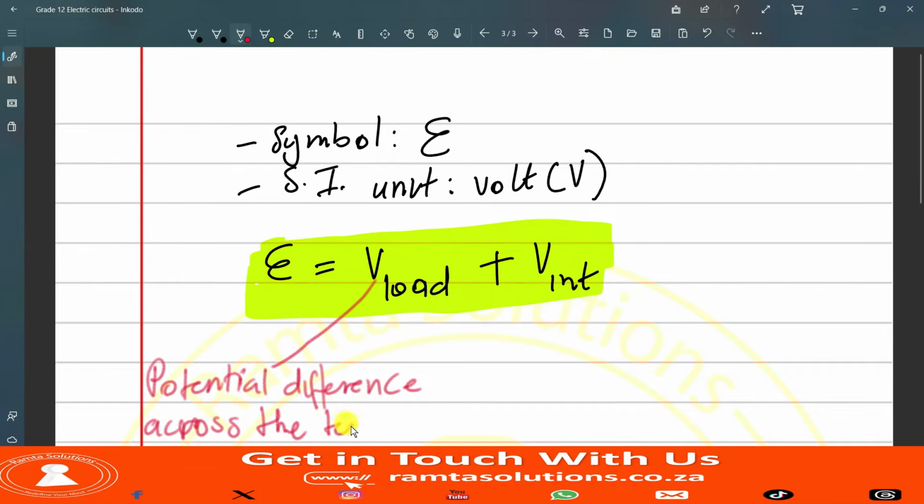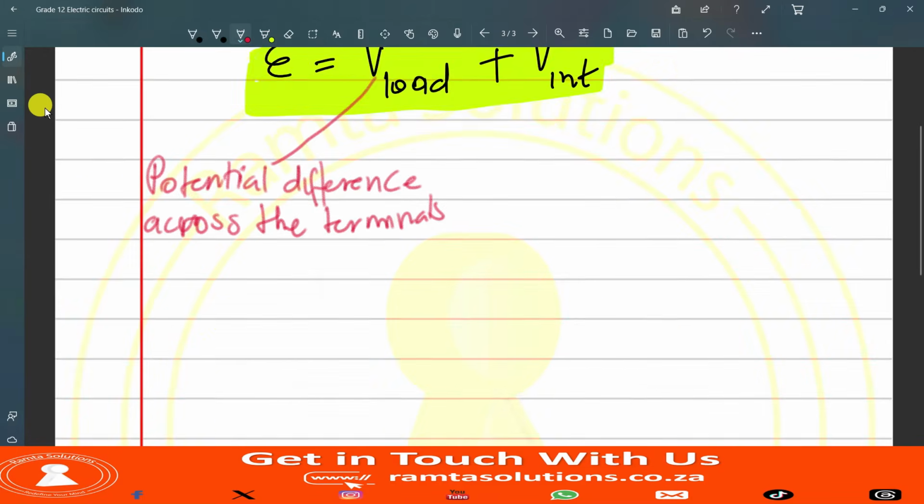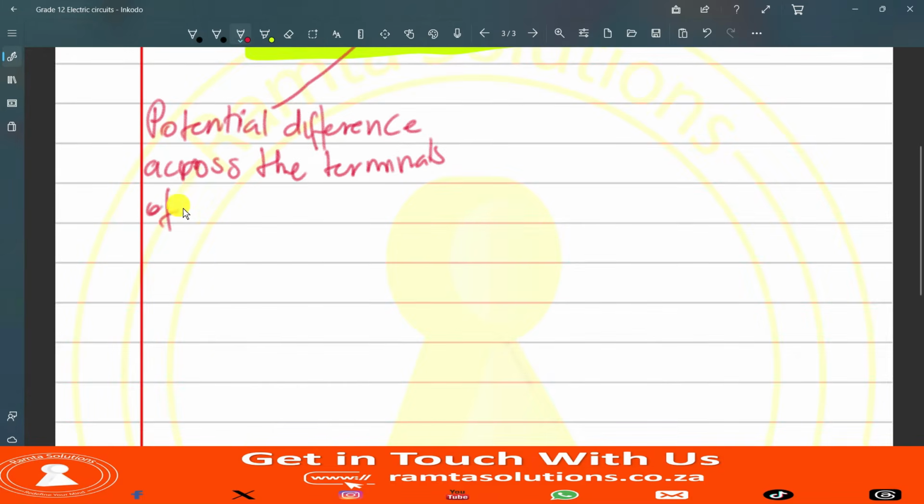Potential difference across the terminals of a battery when there is a current flowing.